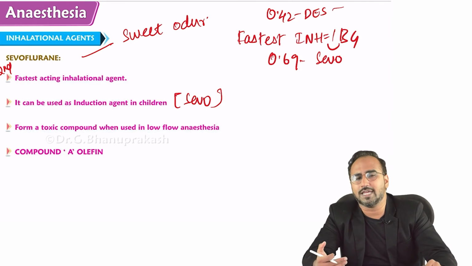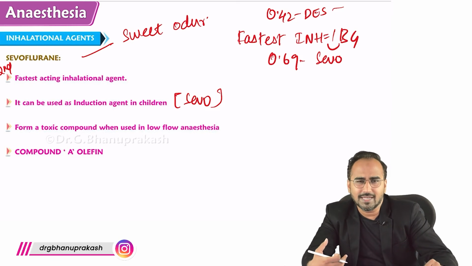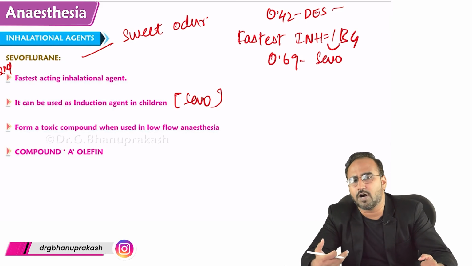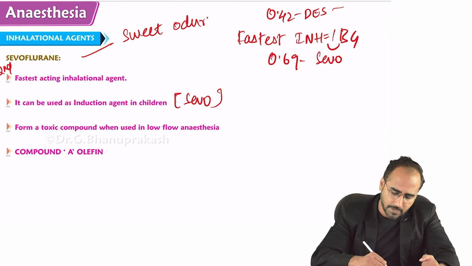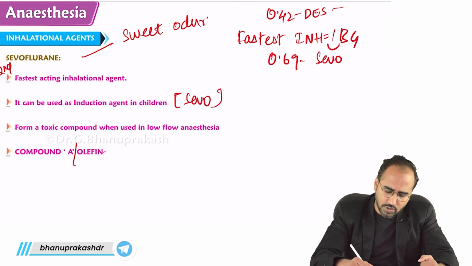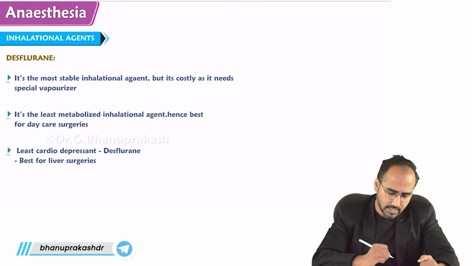In a closed circuit, all the carbon dioxide is absorbed by soda lime. If you give sevoflurane, it reacts with the soda lime to form a toxic compound called compound A or olefin. So sevoflurane is avoided in low flow anesthesia or closed circuit, right?